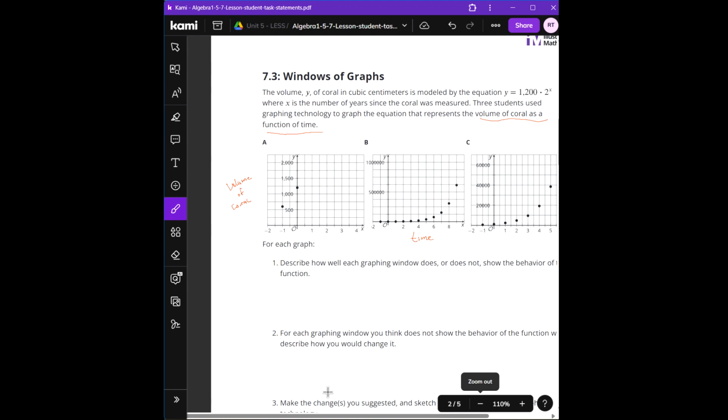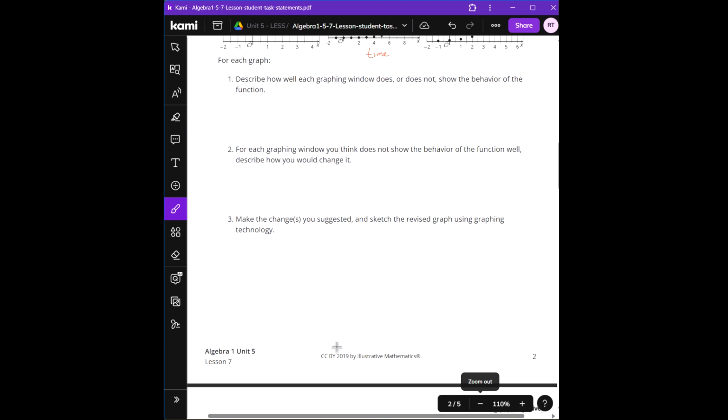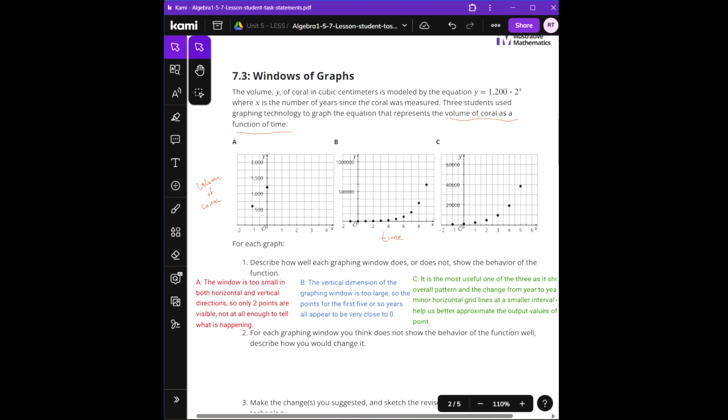Okay, so for each graph, we're going to do each one of these questions. Okay, let me take a second to write these down.